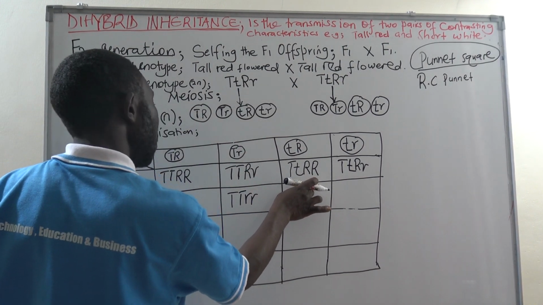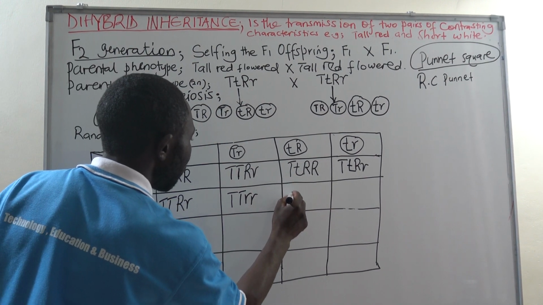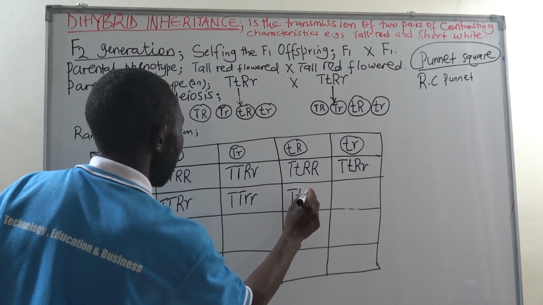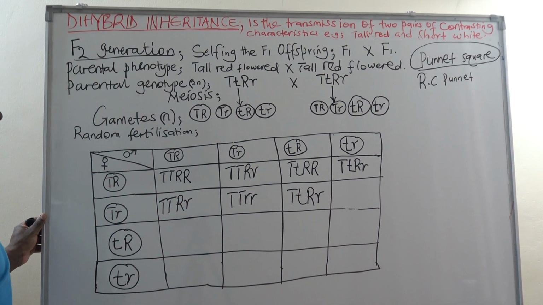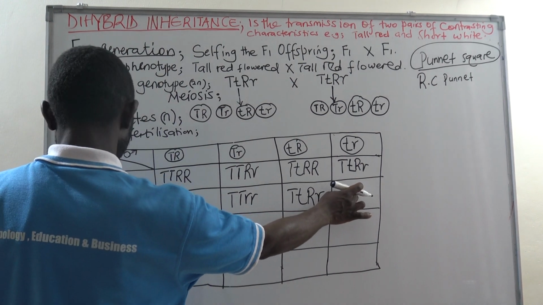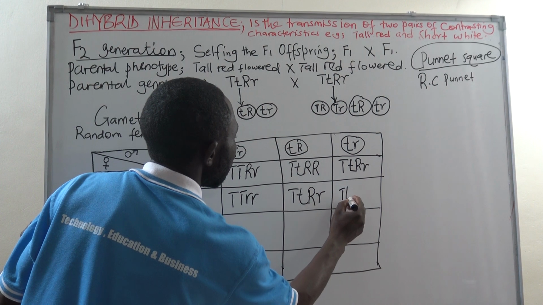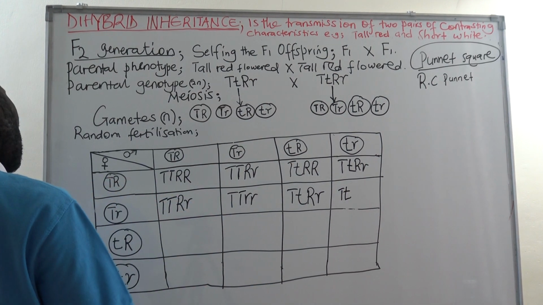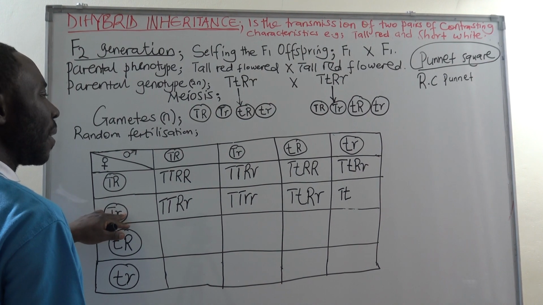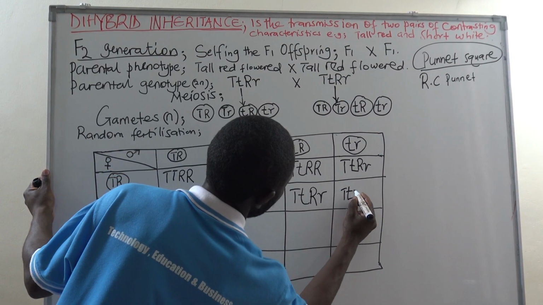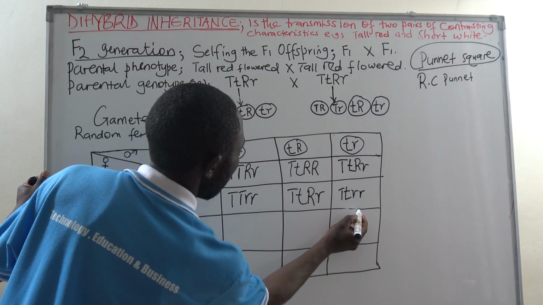This offspring will bear a genotype of capital T, small t, then capital R, small r. This one will have genotype of capital T, small t, capital T, small t, then small r, small r, small r, small r. That is it.